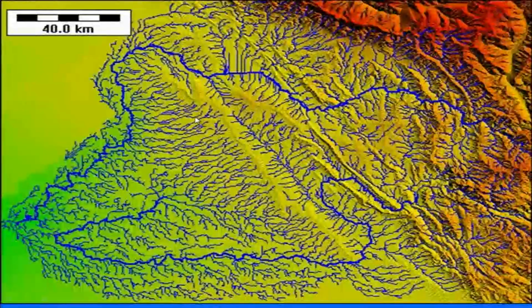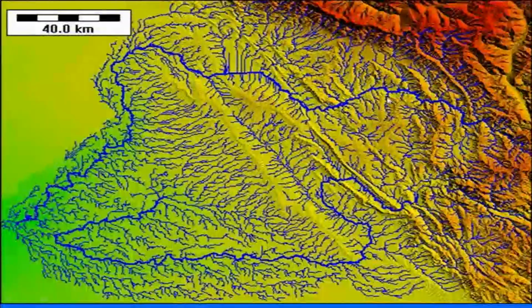So, one is flowing in this direction, the other is flowing in the other direction, and this is the ridge line or the drainage divide. And even the smaller drainage divide you can mark here in this area. So, the major streams which are flowing are shown by the darker blue lines, and the smaller ones are the tributaries which are flowing and joining the major trunk stream.